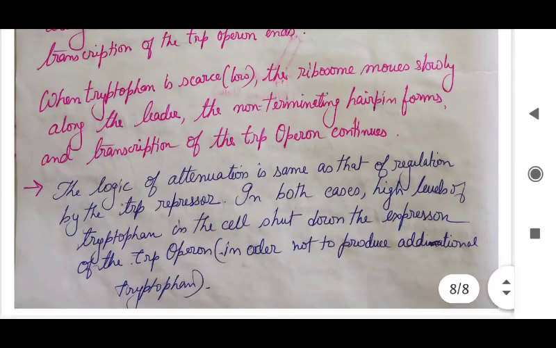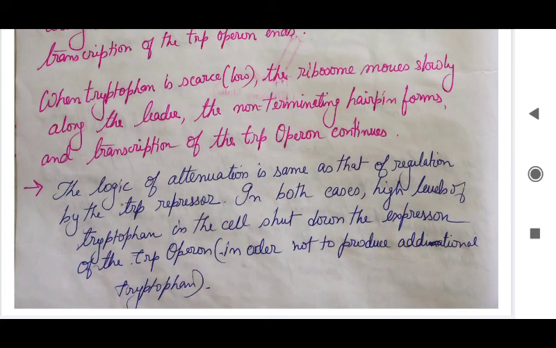So the logic of this attenuation is the same as that of regulation by the repressor of the tryptophan. In both cases, a high level of tryptophan in the cell shuts down the expression of the tryptophan operon. We have seen in the repressor case initially that a high level of tryptophan in the cell shuts down the expression of the tryptophan operon.